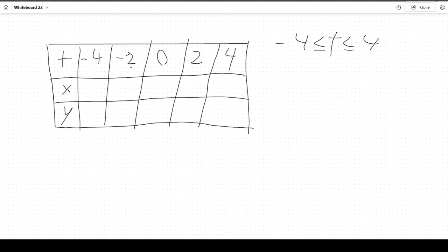So we got some numbers for t. Now we have to plug it into the function. Here are the functions for reference, and we can plug in each one by one, into each category. So let's just do that.